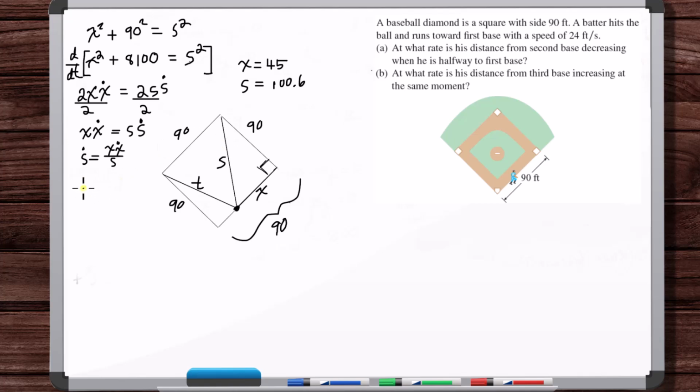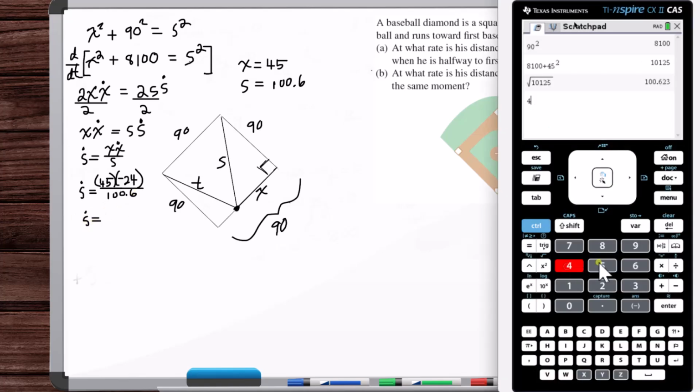So s dot, we'll put 45 times negative 24, over 100.6. That is about negative 10.7.